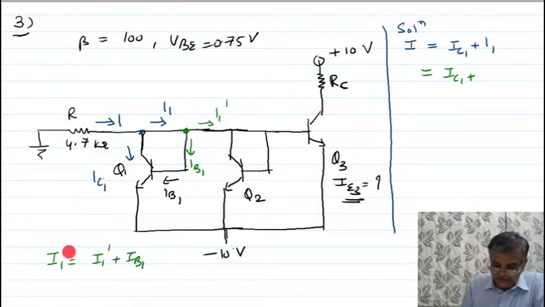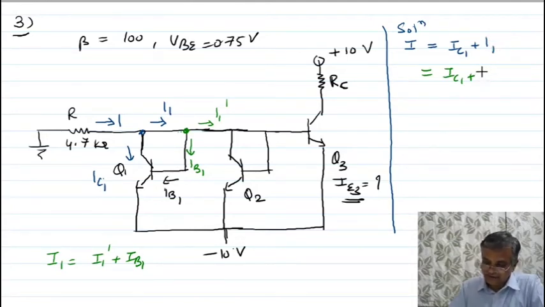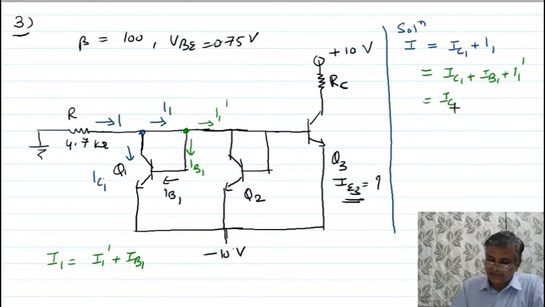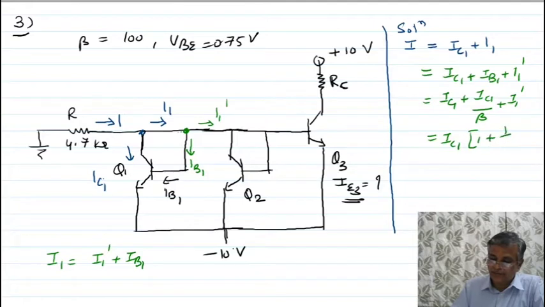So I am using this value in this equation. So I can write this is your IB1 plus I1 dash. So IC1 plus IC1 upon beta plus I1 dash, that is IC1 times 1 plus 1 upon beta, plus I1 dash.